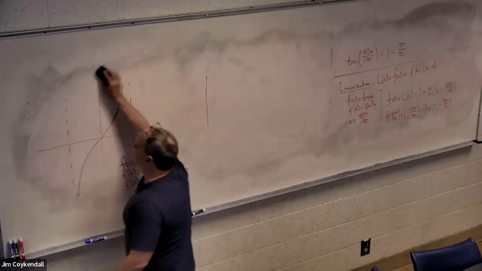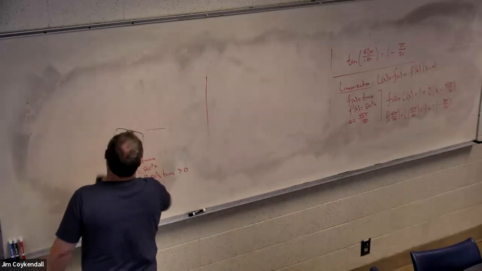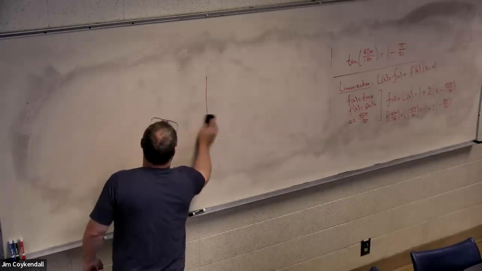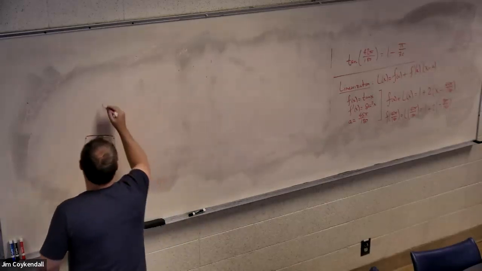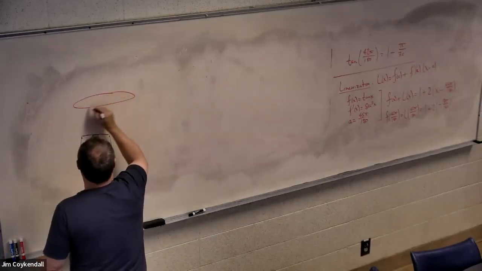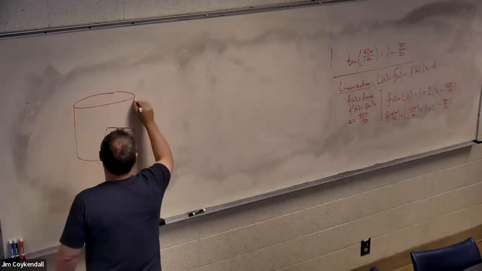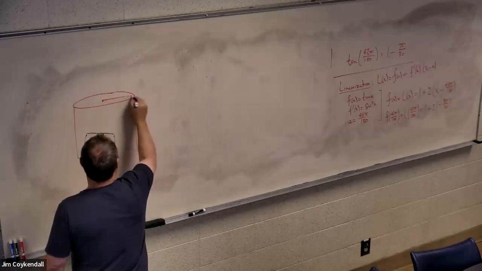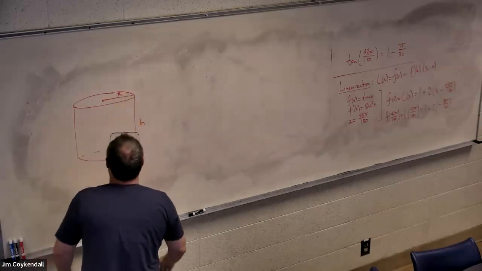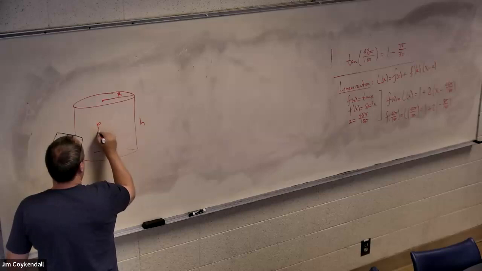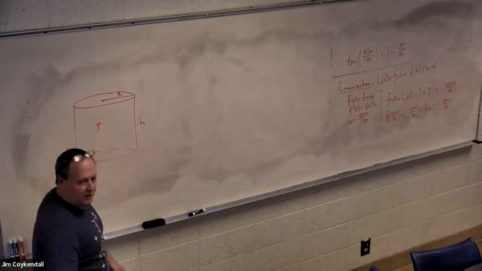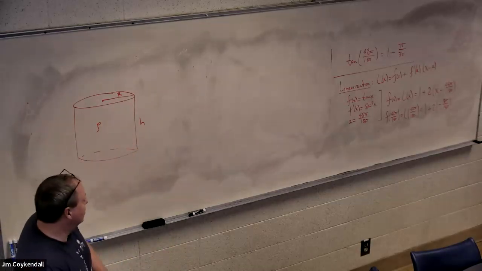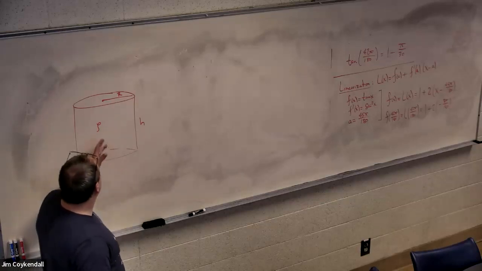So it turns out that if you have some barrel of height H and radius R, and you fill it up with goop, it's got some density. It could be water, mercury, whatever your favorite toxic thing is.